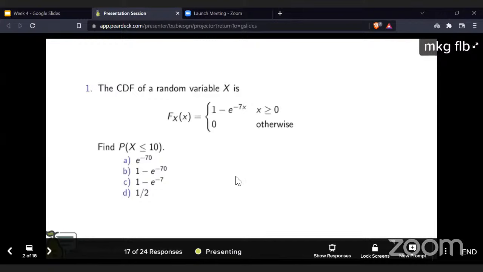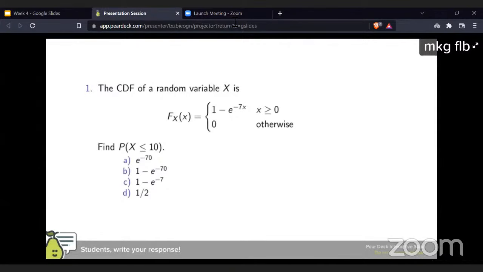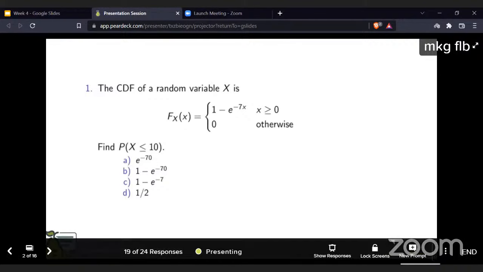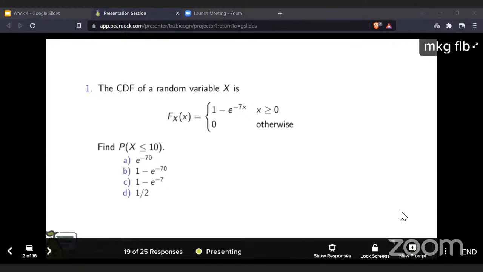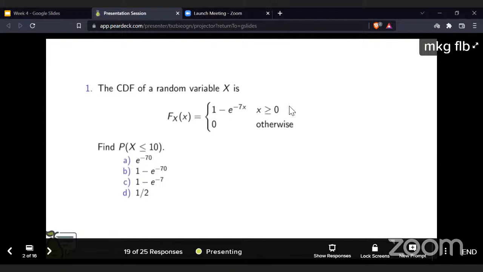B. It is B. Okay. So how do we solve this?